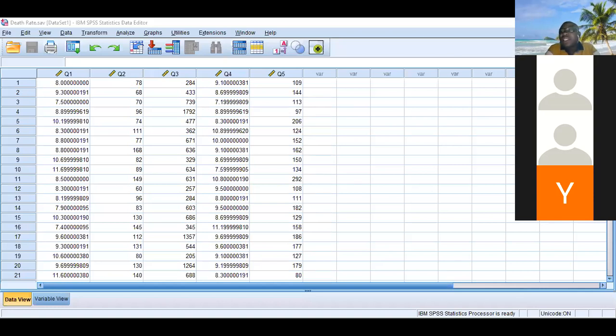Can you see the data set? Yes, we can, sir.